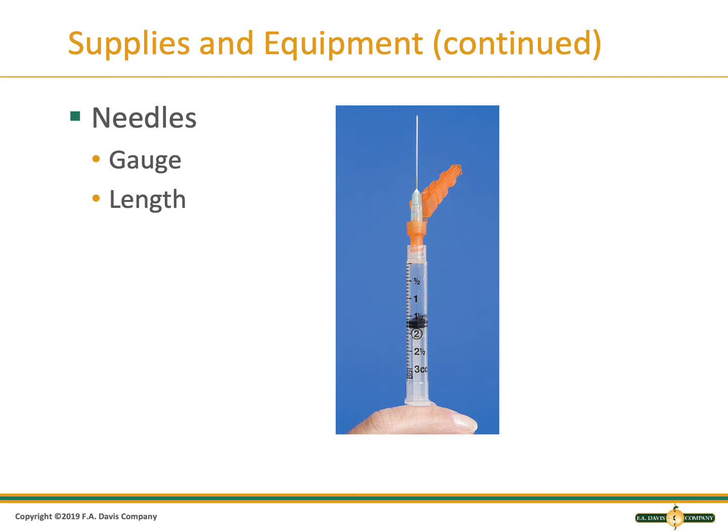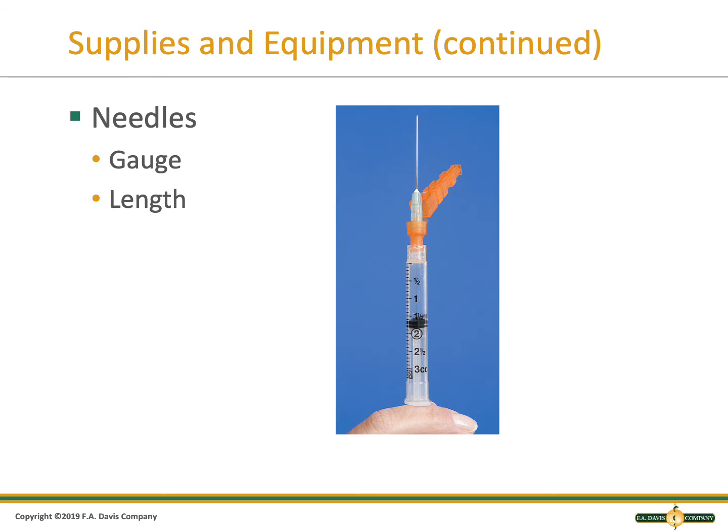And of course, for intradermal injections, we want to make sure that the needle is bevel up. We insert only until the bevel is under the skin. We give it at a 10 to 15 degree angle. We use a 26 to 27 gauge needle and a 3/8 to 5/8 inch length needle for intradermal.